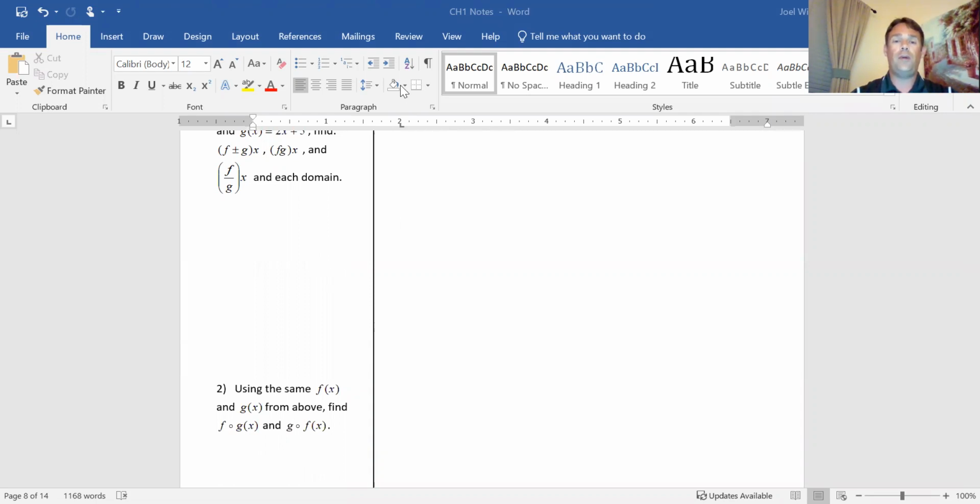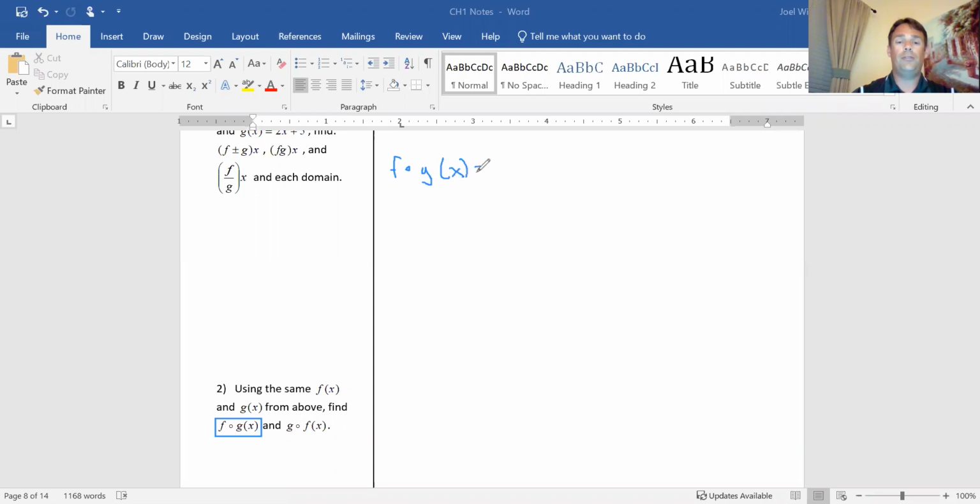And again, you guys did this back in Integrated 3, but let's remember what this looks like for f of g of x. Now first of all, there are different ways to write that. So let's just talk briefly about how we can write this. One way to write this is f of g of x, some people call it f o g.